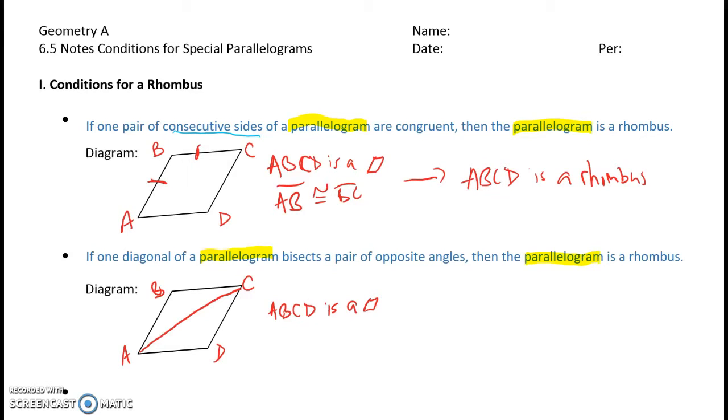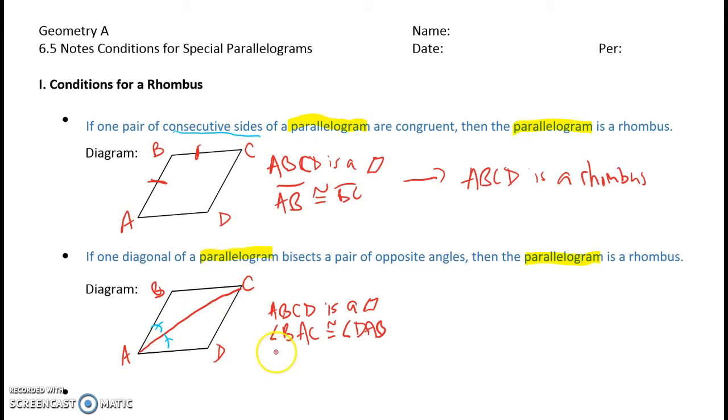What this is saying is if I know this diagonal, for example AC, bisects its opposite angles, meaning angle BAC is congruent to angle DAC, which are these two angles right over here, then I have one pair of congruent halves, so I have the angle BAD being bisected. Now, we want to know that the other side is also being bisected.